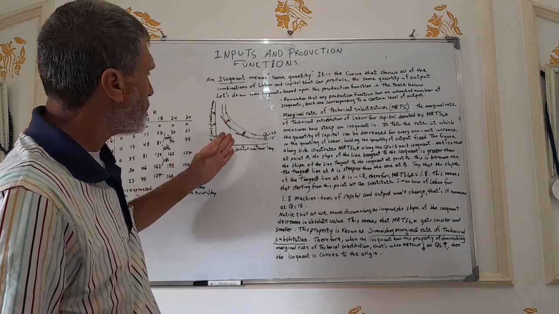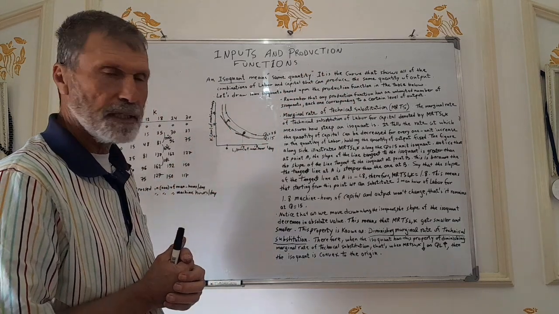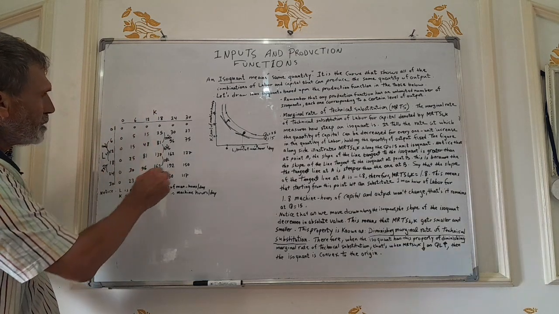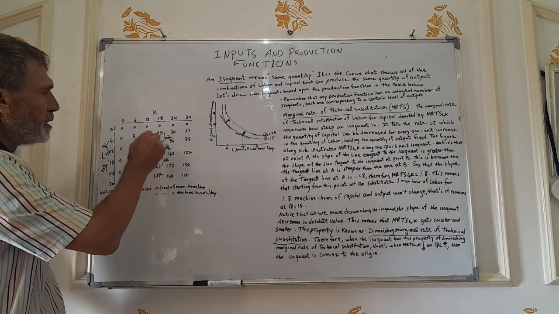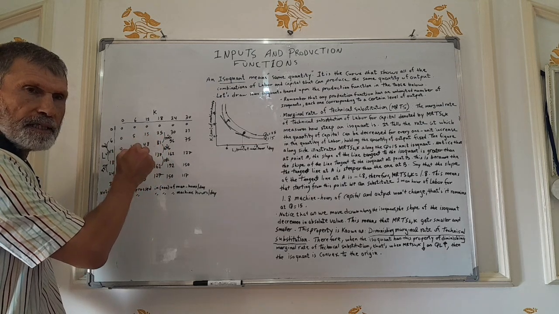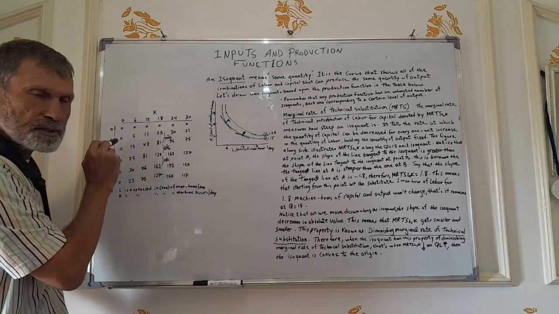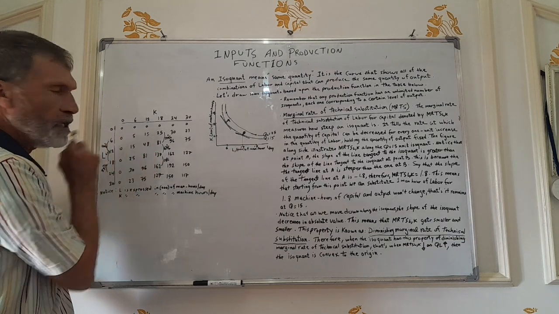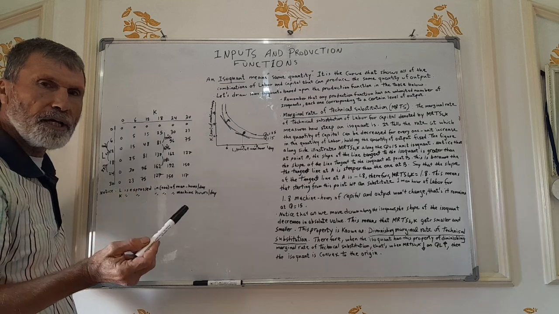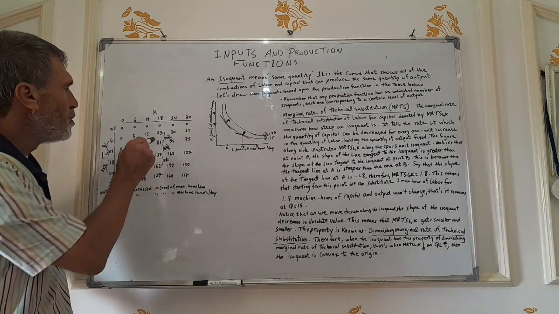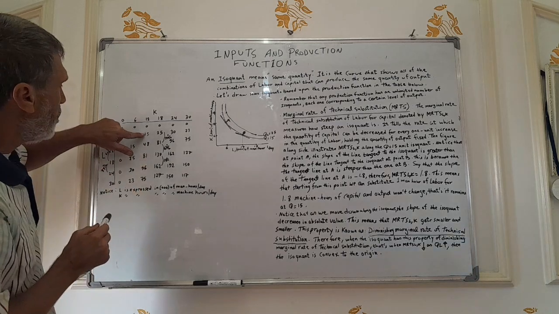Here, we're going to draw some isoquants, okay? Now, if we come over to this table, the numbers inside the table represent the quantities, the amount of output. So if we take, for instance, Q equal 15, what are the combinations of labor and capital that can produce Q equal 15?